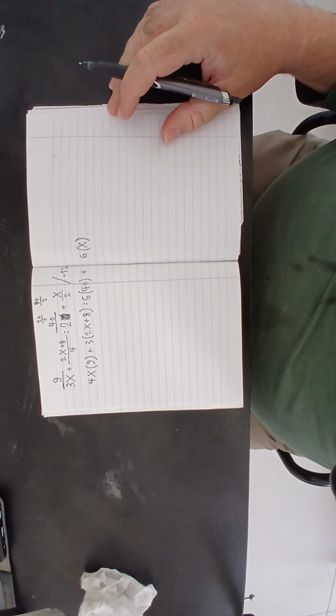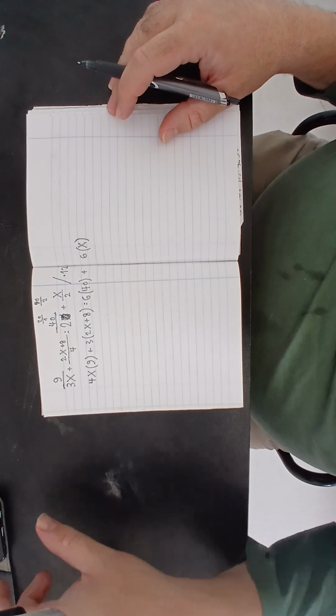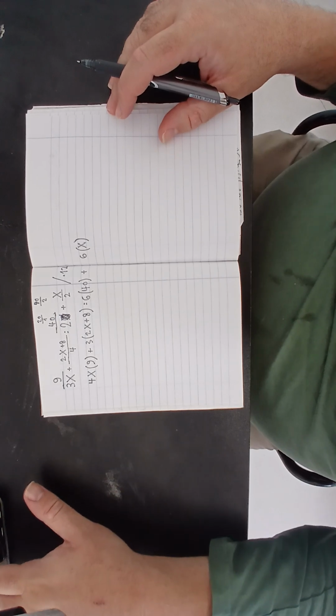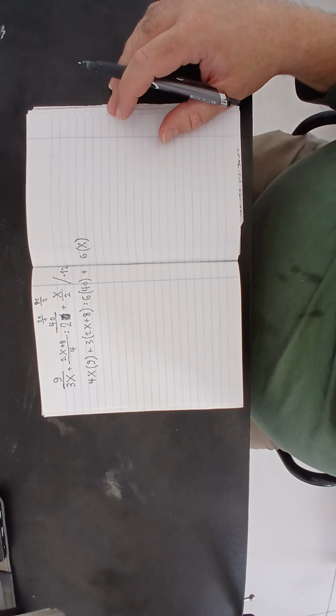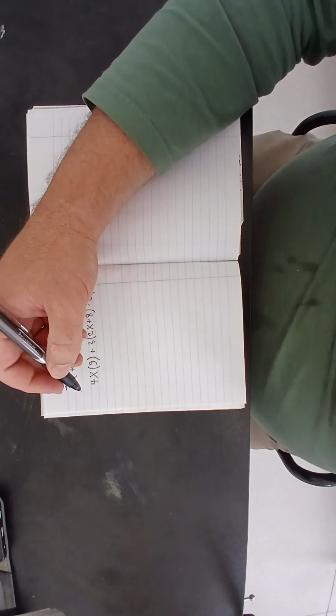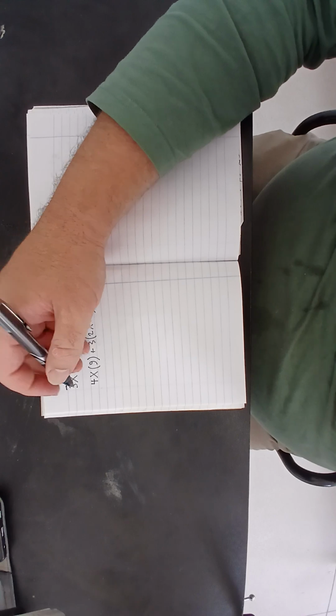Okay, so 4 multiplied to 9, it's going to be 36x.